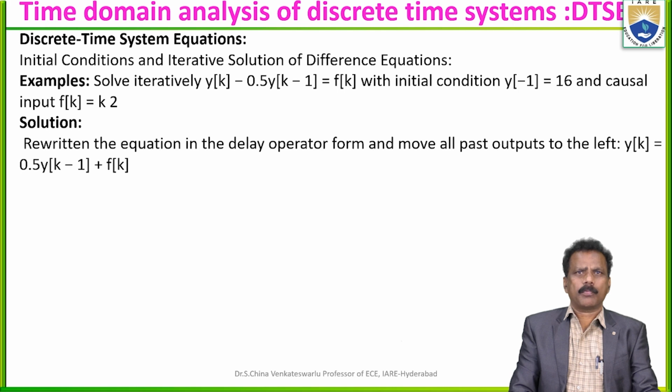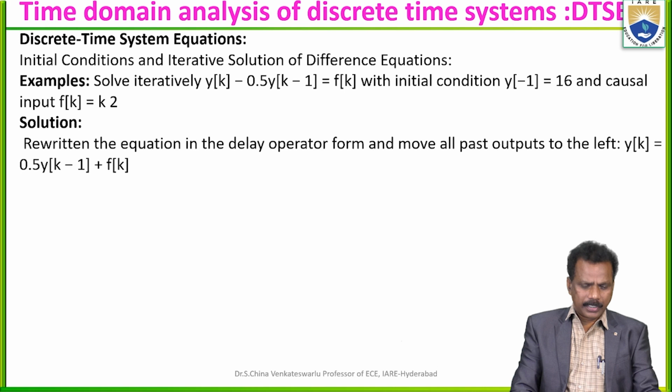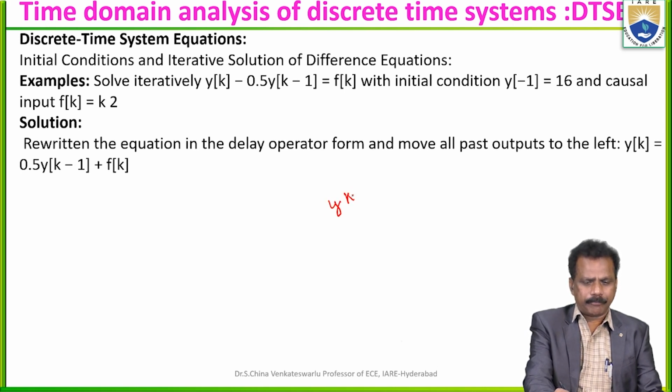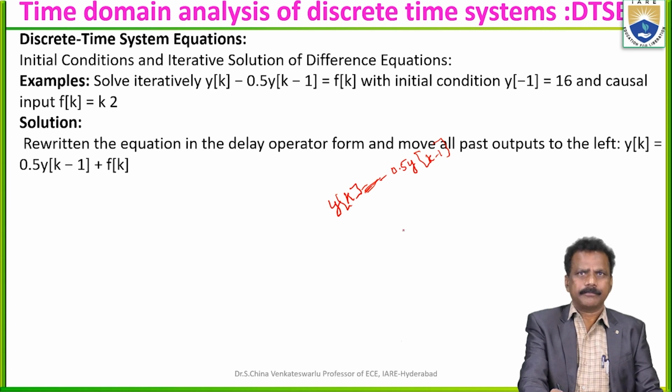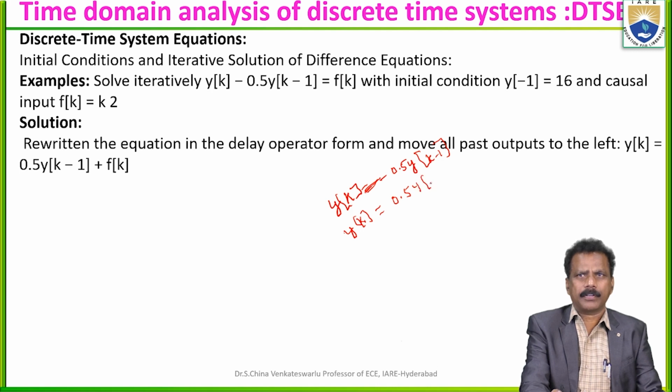Here y of k is equal to 0.5 y of k minus 1 plus f of k.